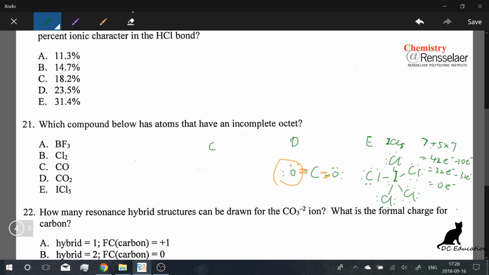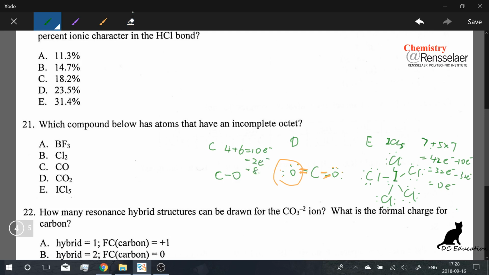Go back and look at choice C. It's carbon monoxide. As usual, we add 4 plus 6 equals 10 valence electrons, and we connect those two atoms together, which uses 2 electrons.